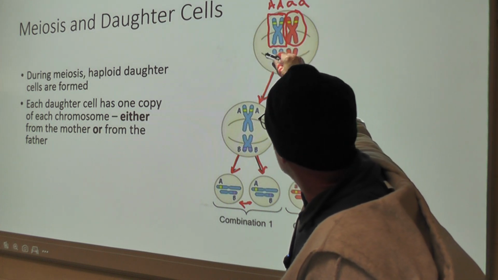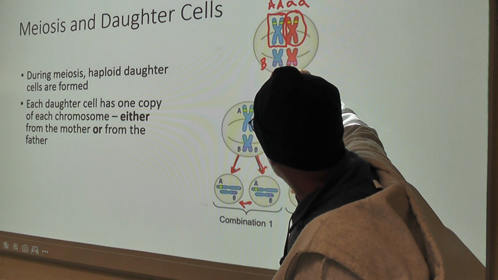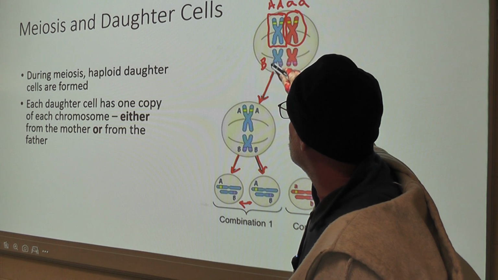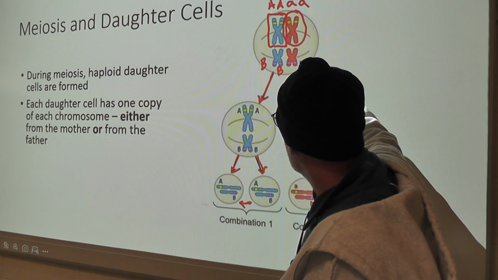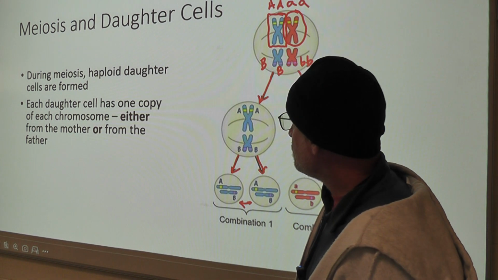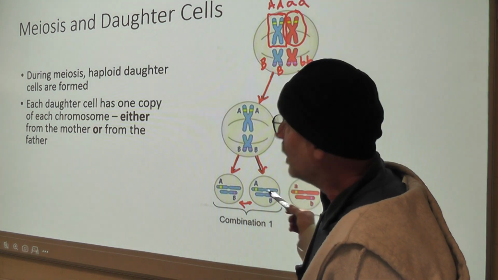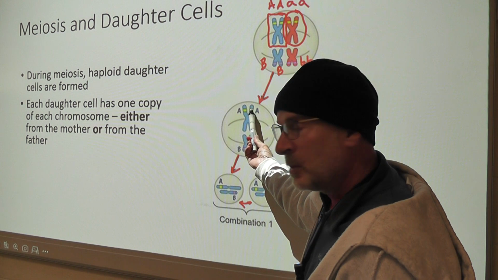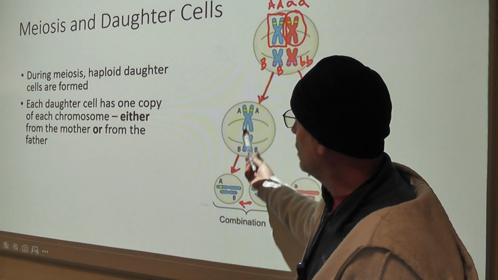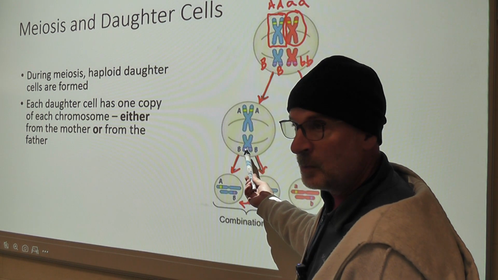So these chromosomes have a gene on them. In this case, this chromosome has 2 dominant alleles. This one has 2 recessive. So in this meiosis 1 daughter cell, there's 2 sister chromatids with the dominant A allele, 2 sister chromatids with the dominant B allele.